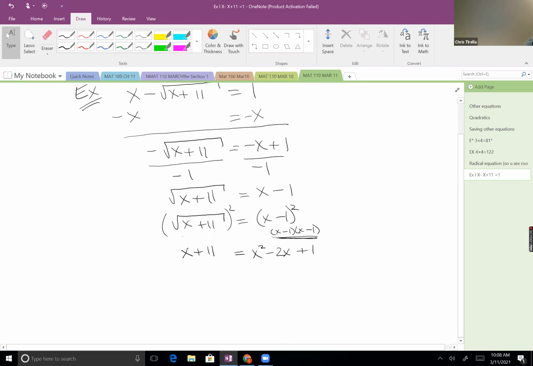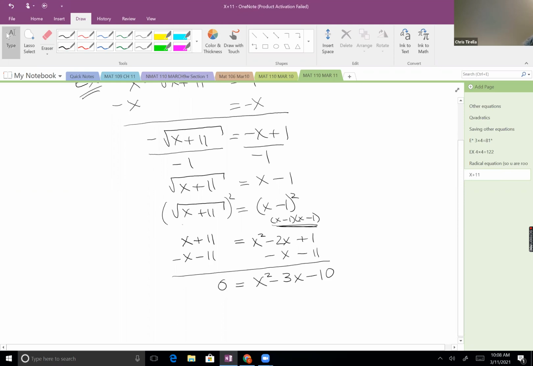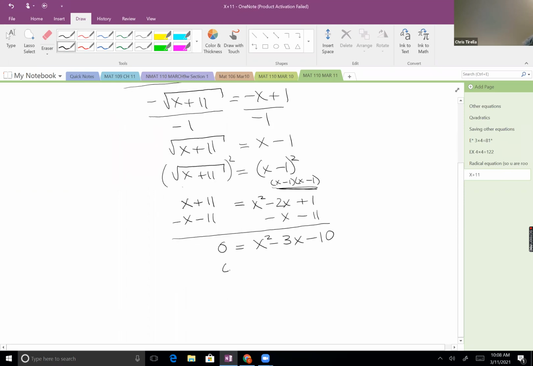Now we've got a quadratic. Let's put it in standard form by subtracting x and 11 from both sides. That gives me 0 equals x squared minus 3x minus 10. I think that's a relatively easy factor.